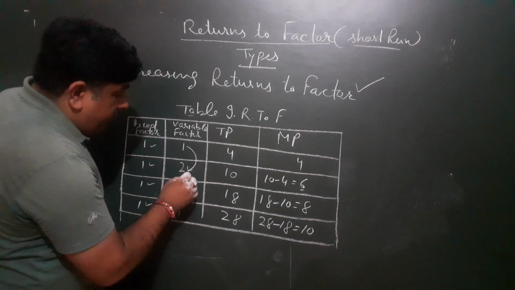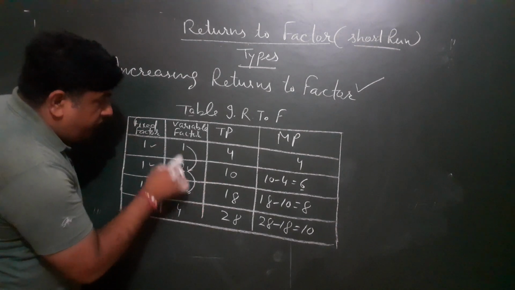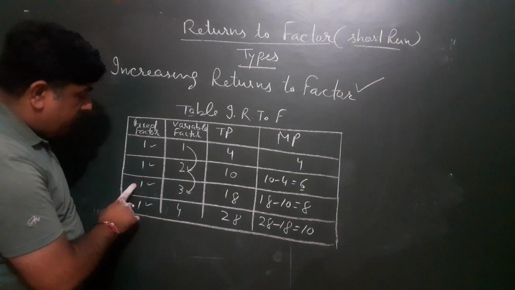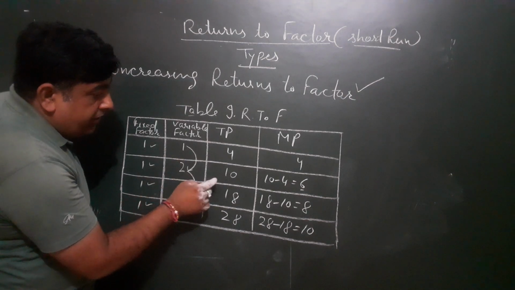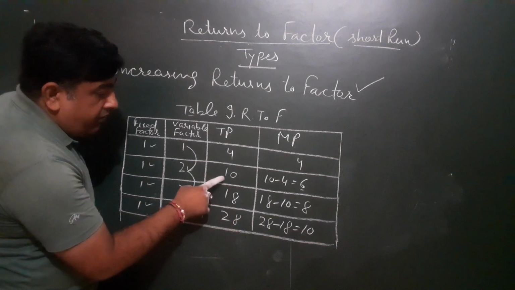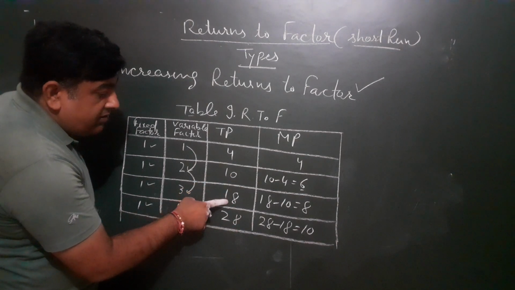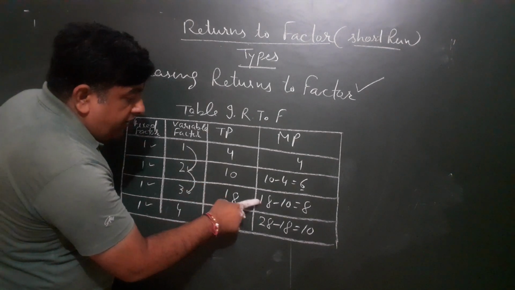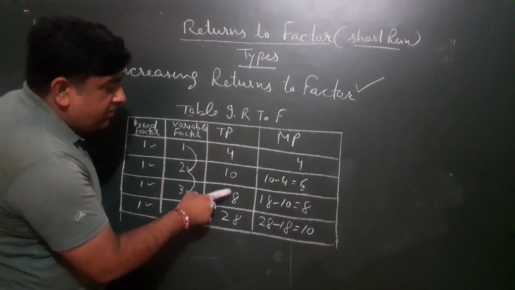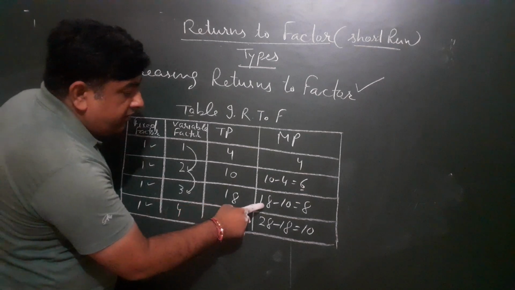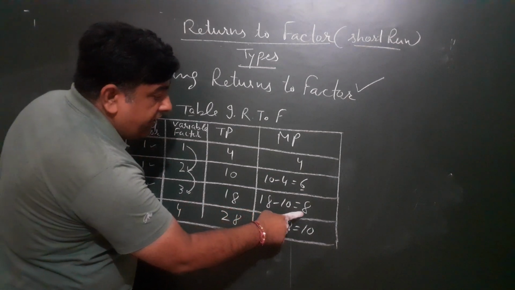Now one more unit of variable factor is used with the constant factor. Then there is a change in TP from 10 to 18. How much change? 8 units is changed. Total production is changed from 10 to 18, so 18 minus 10 is 8.